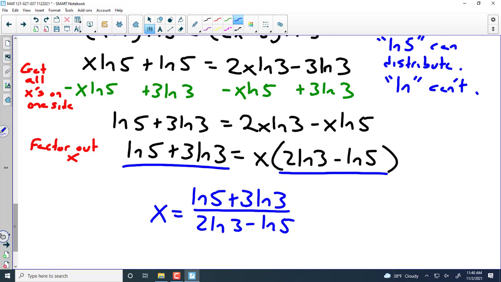If you're going to put that in your calculator to finish up this problem, on some problems you need to make sure that you wrap both the numerator and the denominator in parentheses. Otherwise, it's not going to work on your calculator.